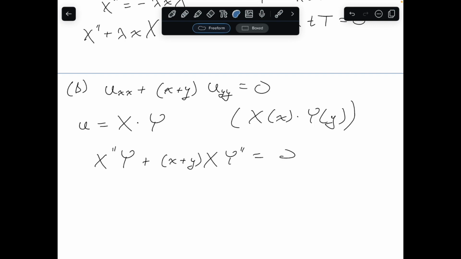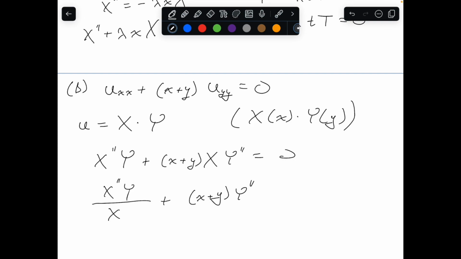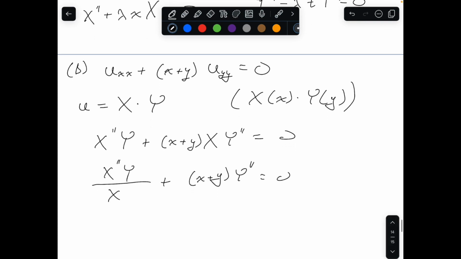I guess you could try dividing by x on both sides, so X'' Y over x plus (x plus y) Y'' equals 0, and then maybe try dividing by y.